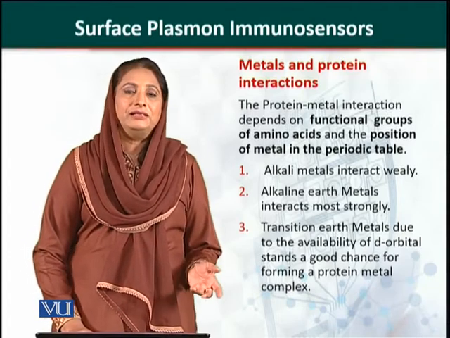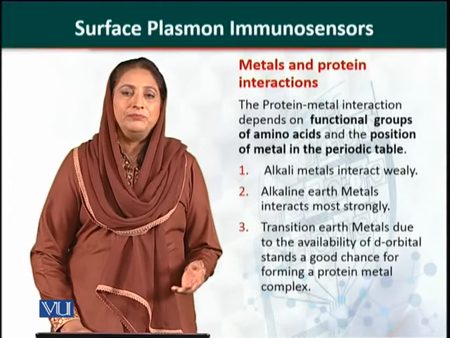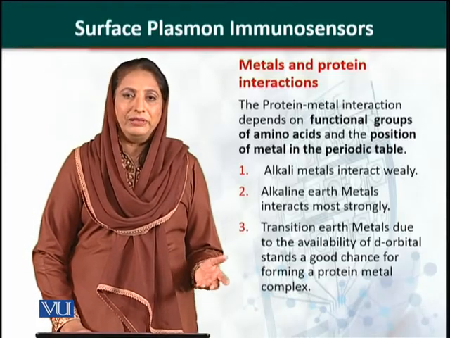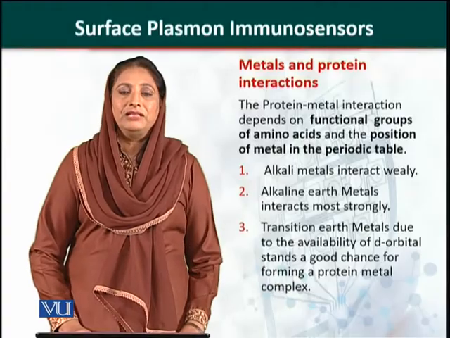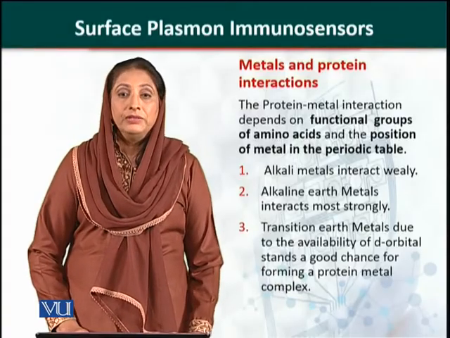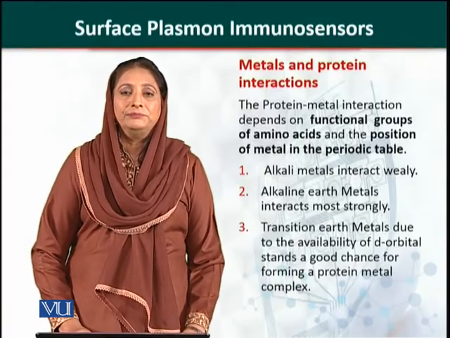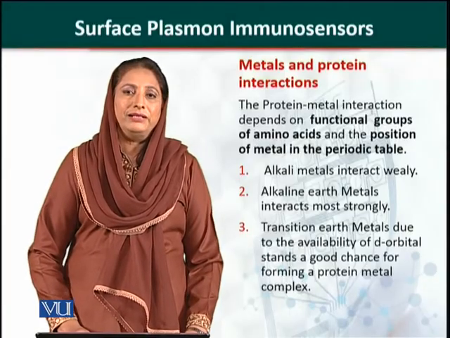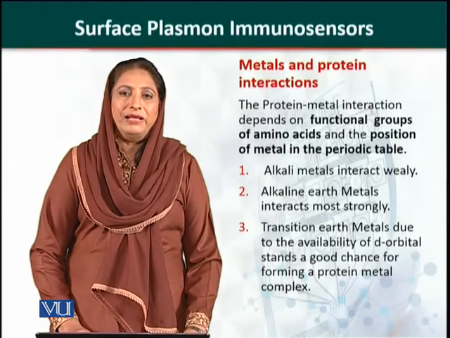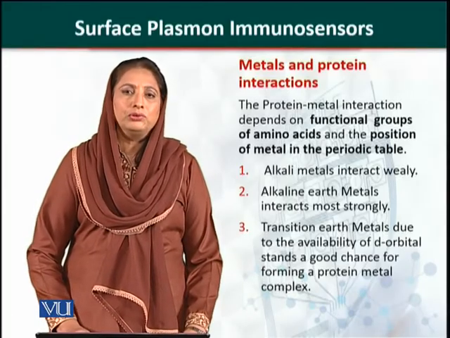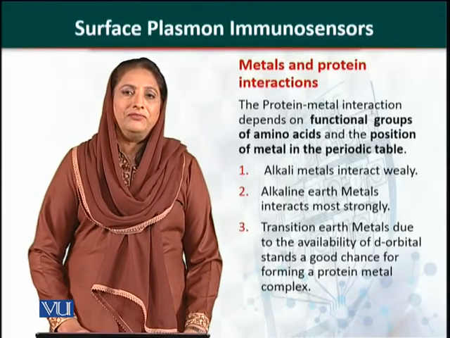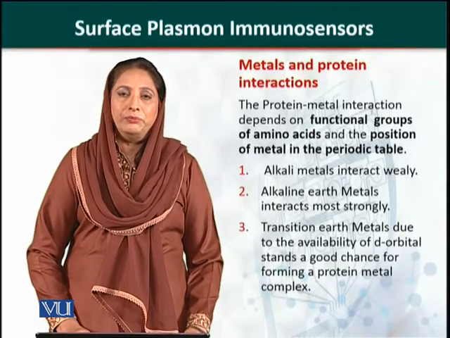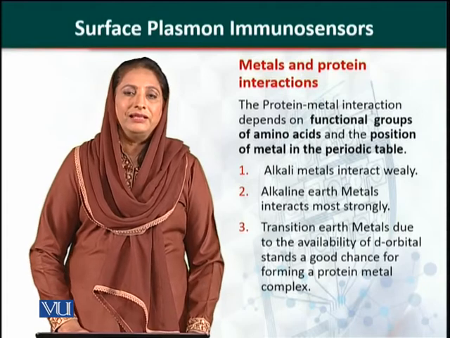But the alkaline earth metals such as calcium do bind and produce a complex, but still their affinity is not very high. The transition metals, due to the presence of the d block, have a good merit to make a complex. So most of the transition metals are available for forming a complex with the proteins.